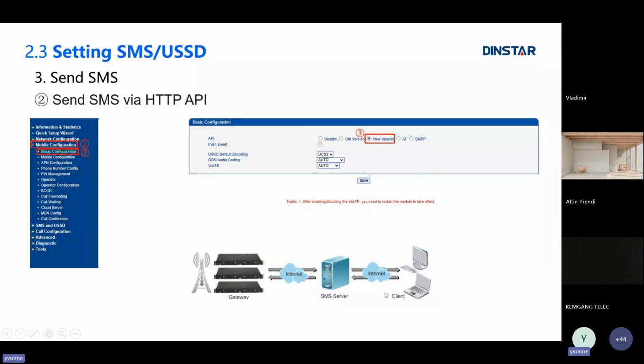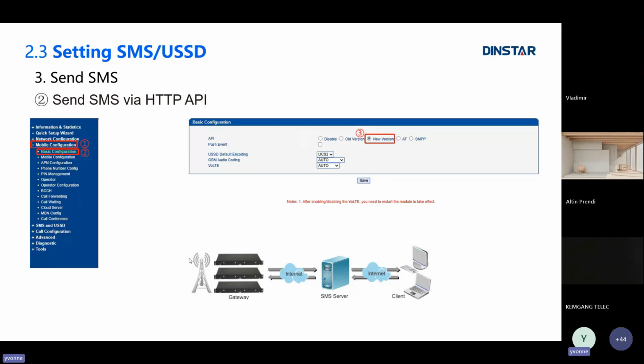The client sends an SMS request to the SMS server over the internet, and the SMS server interacts with the UC2000 via the HTTP API to forward the SMS to the mobile network for delivery.